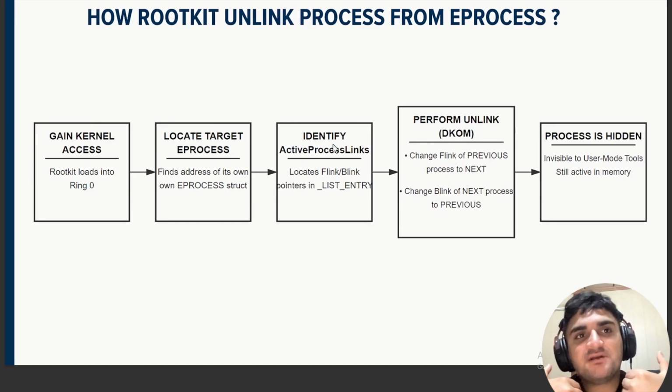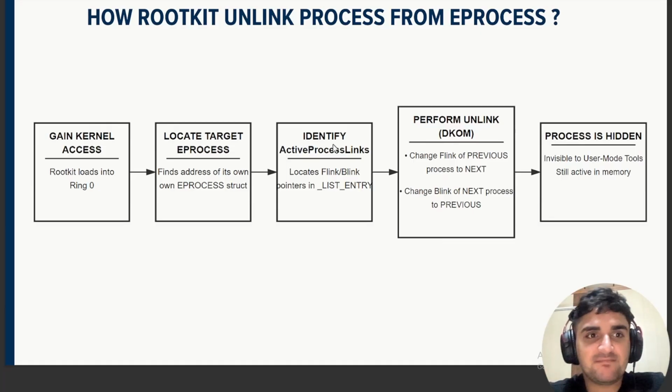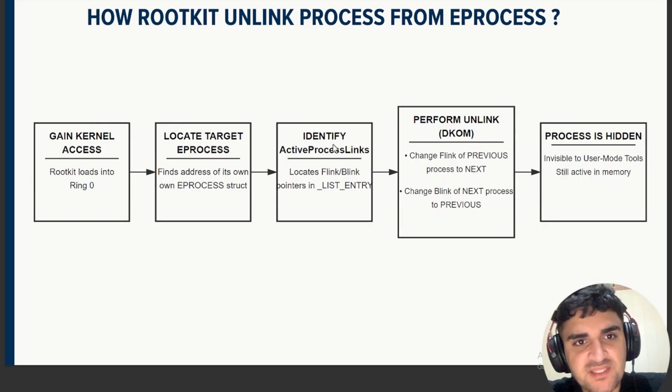Rootkits have their own different techniques and mechanisms to stay undetectable on your operating system. One of them is altering the EPROCESS and hiding there from normal utilities.